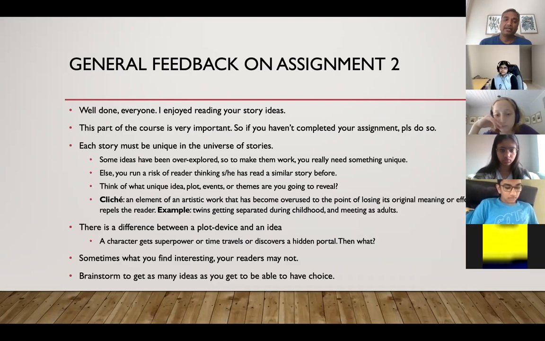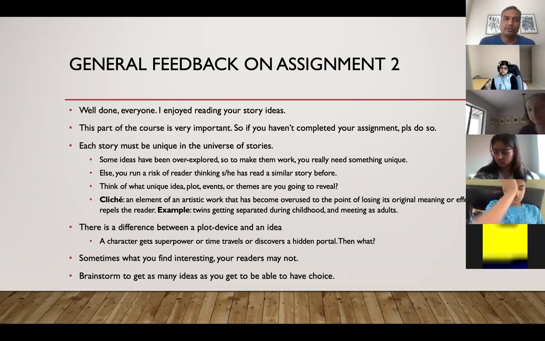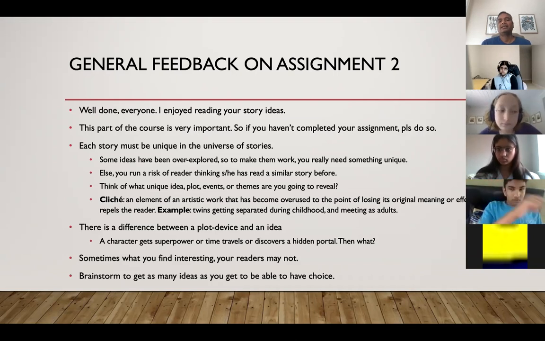But then over a period of time travel has become more like a cliche, right? So you can read the definition here. So cliche is really an artistic element that has become so overused over time that it has lost its original meaning or effect on your readers or somebody you're talking to or whatever, right? And it has gone to a point where it even irritates the reader, right? Because every second guy is talking about time travel.